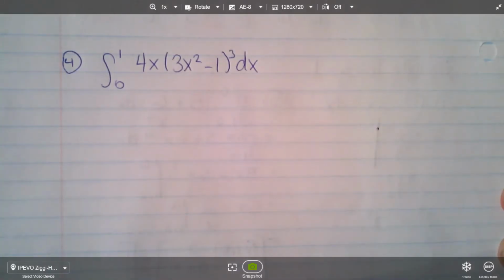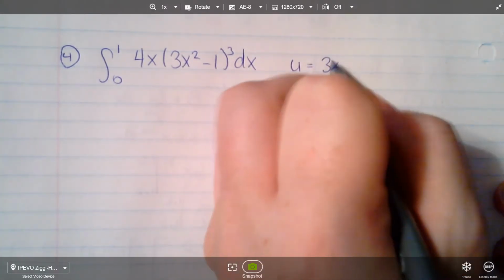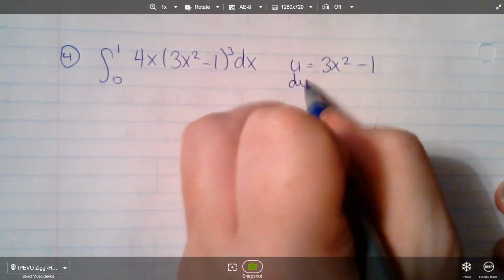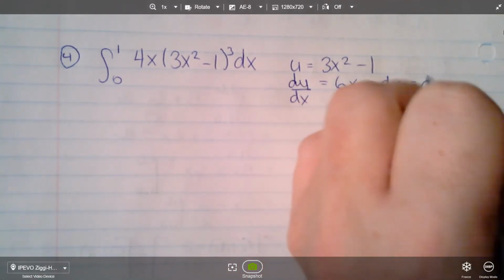All right, one more. Substitution: u is going to be 3x squared minus 1. du/dx is 6x.